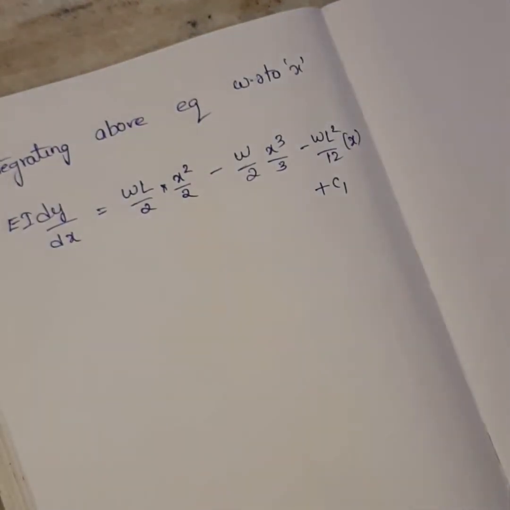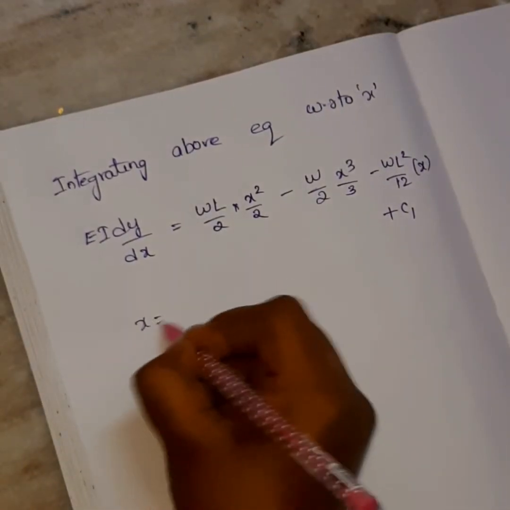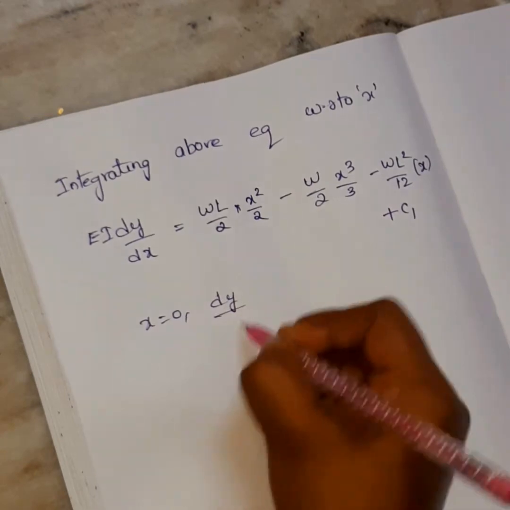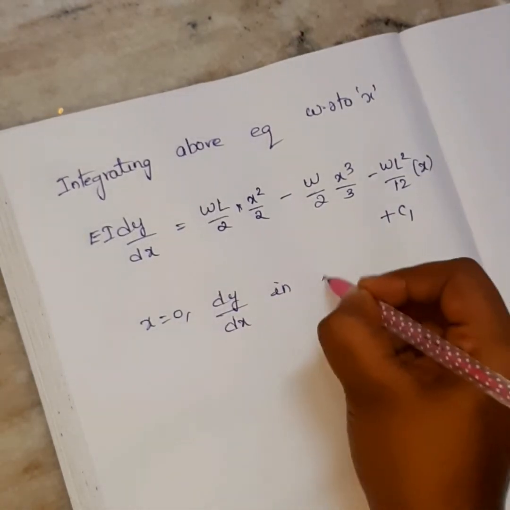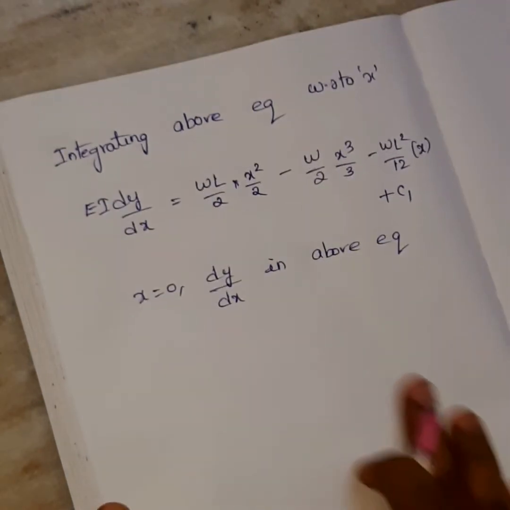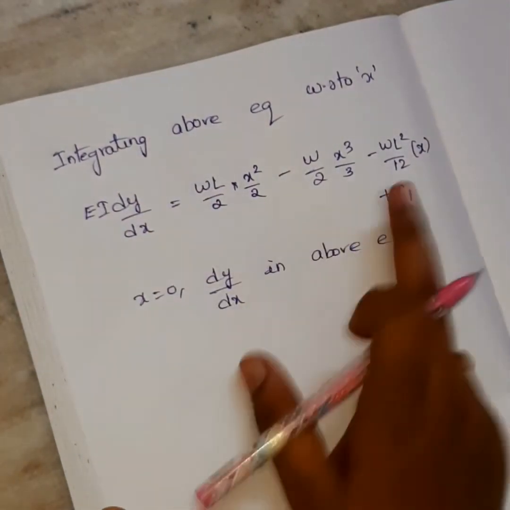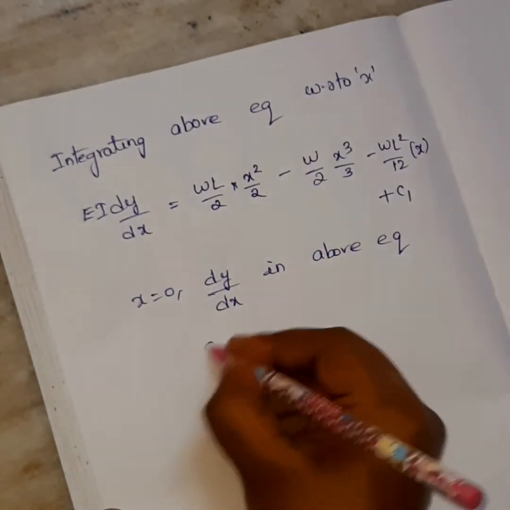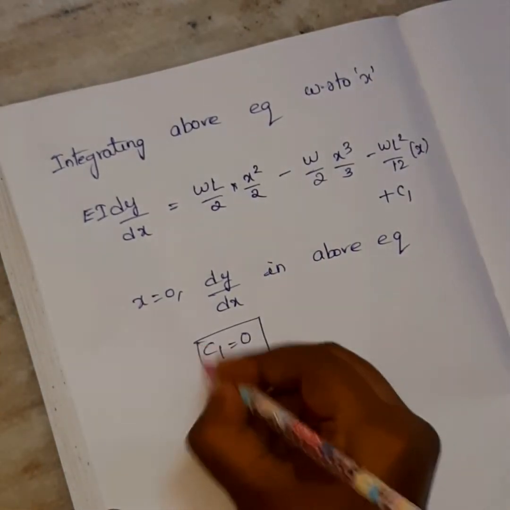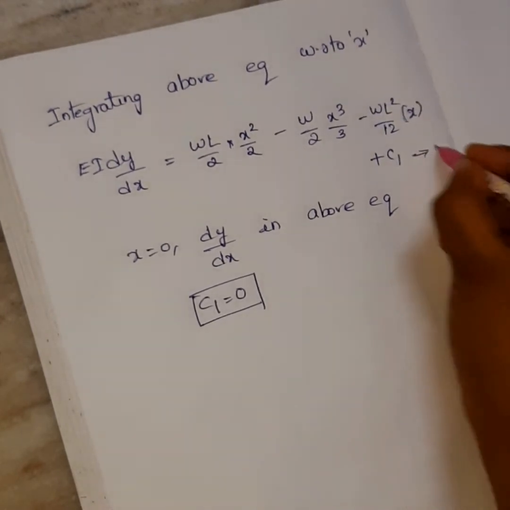So I am applying boundary conditions. X is equal to 0 and dy by dx is equal to 0 in the above equation, for getting the c1 value. So what we will get, x equal to 0, dy by dx, and this part is 0. So we will get c1 is equal to 0. This is my equation 1 I am keeping.